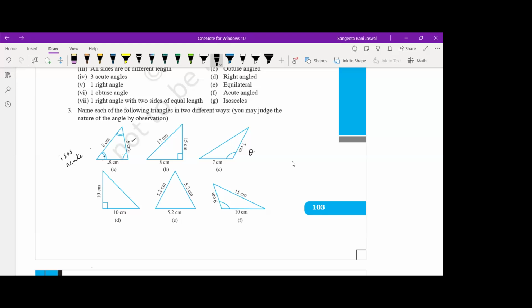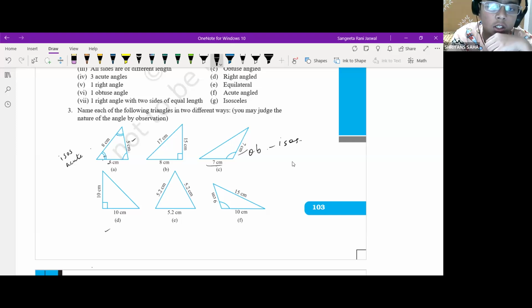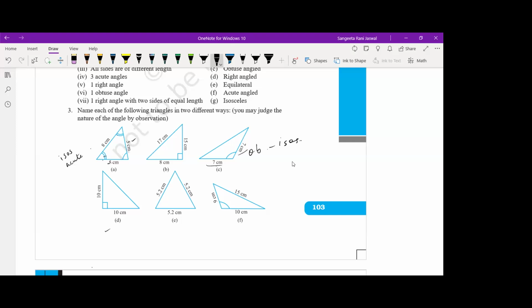Okay, this is obtuse and since two sides are equal, so this is isosceles also. Now, Debit. Yes, isosceles and right angle. Okay, next one. Equilateral triangle, acute angle. Okay. Next one. Scalene and obtuse. Good.